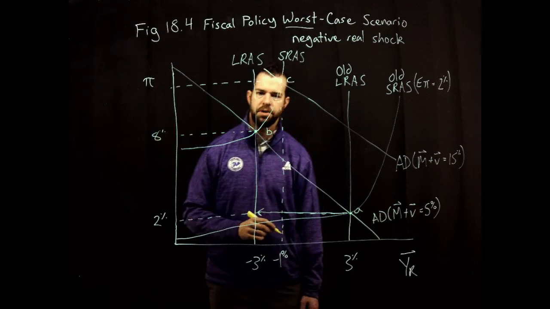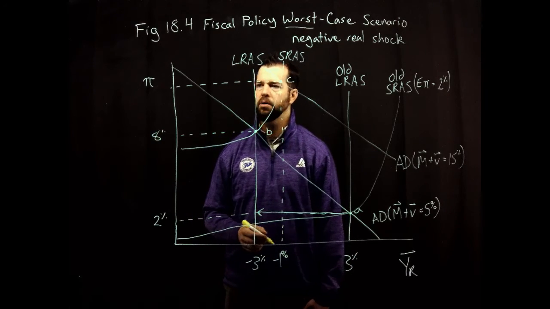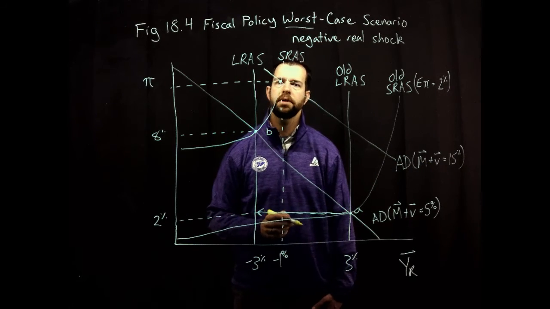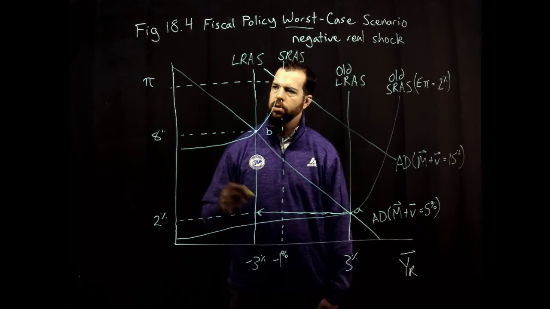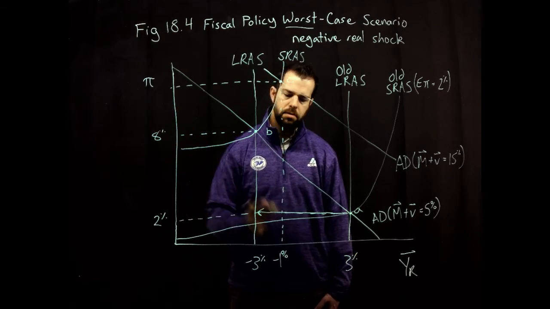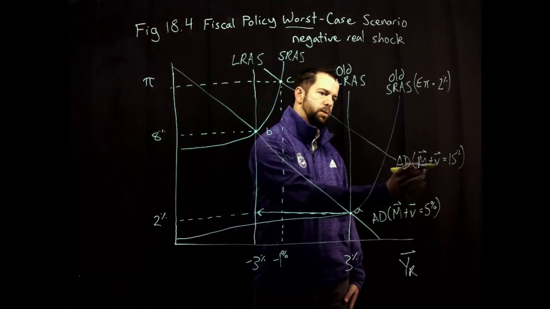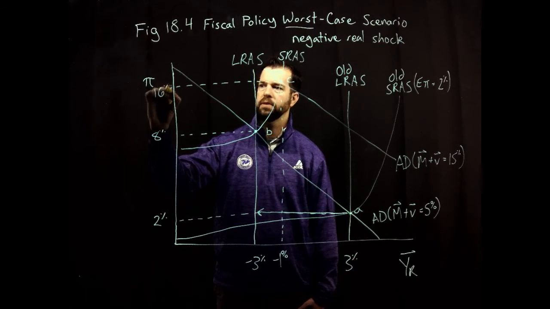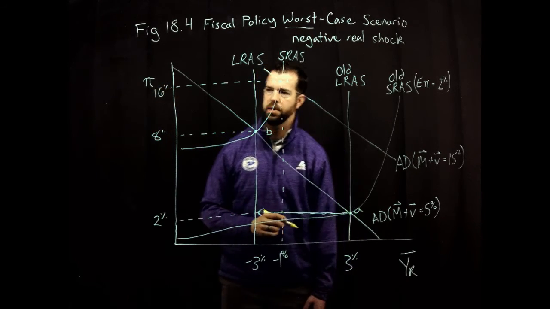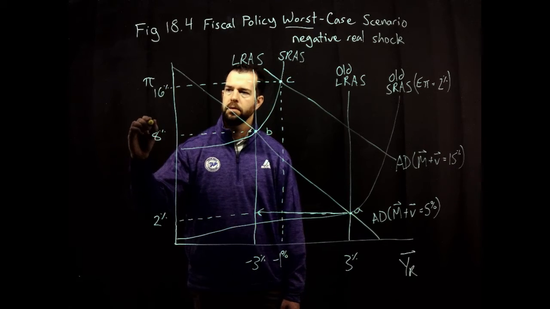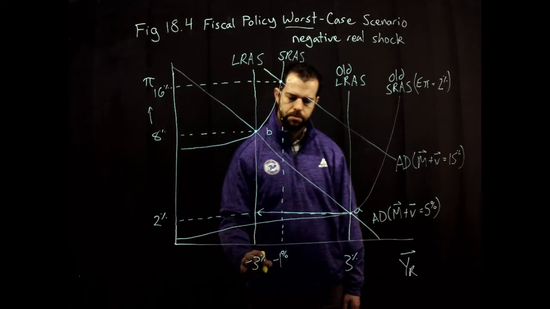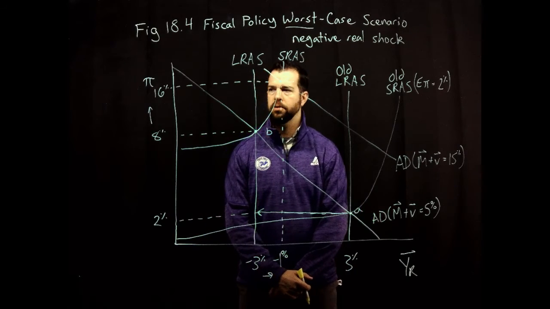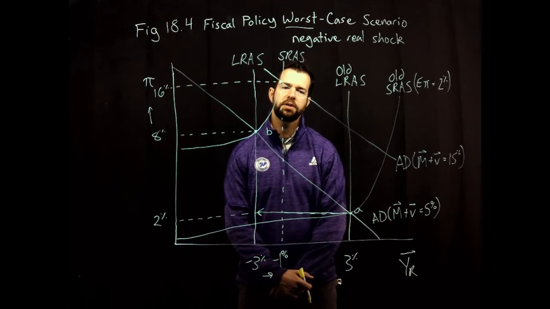And of course, you know, this isn't perfectly drawn to scale, but you can see if you're doing the math with a 15% growth rate, then 16 plus -1 would equal 15. We'll have a 16% inflation rate there. Okay, so only a modest improvement in growth and a very large increase in inflation.